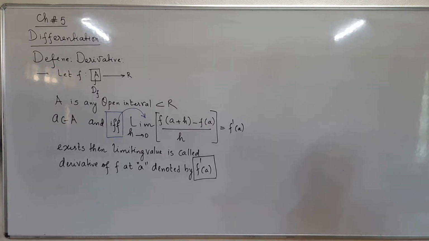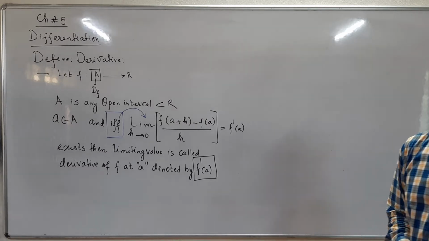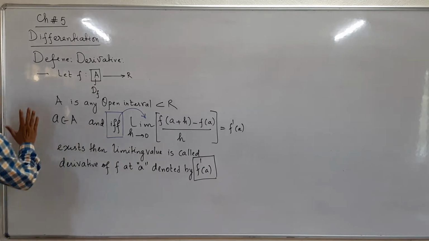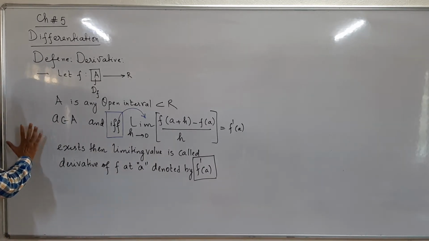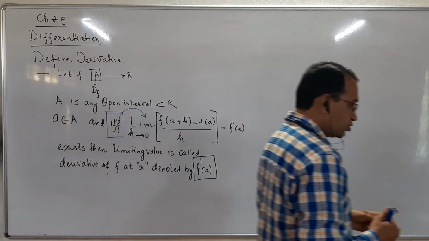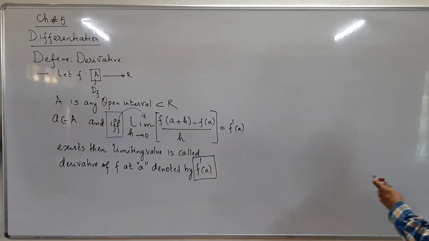So students, if this limit does not exist, the derivative does not exist. So the derivative is nothing but a special type of limit. The process of finding the derivative, students, is called differentiation.